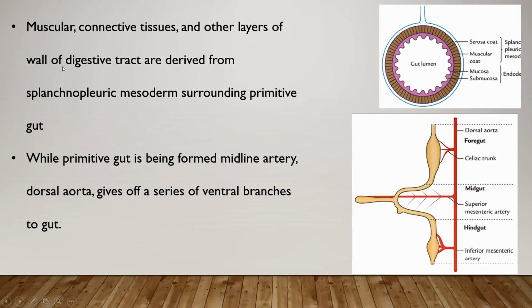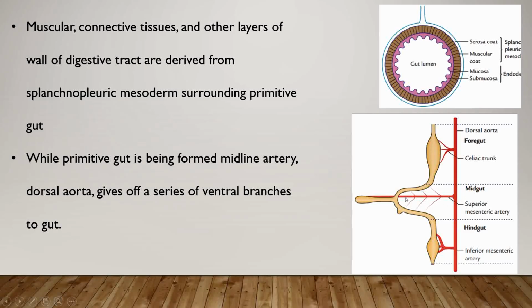The muscular, connective tissue and other layers of the wall of the digestive tract are derived from the splanchnic mesoderm surrounding the primitive gut. While the primitive gut is being formed, there is a midline artery, the dorsal aorta, which gives off a series of ventral branches. There is an artery which is going to supply the foregut, known as the celiac trunk.